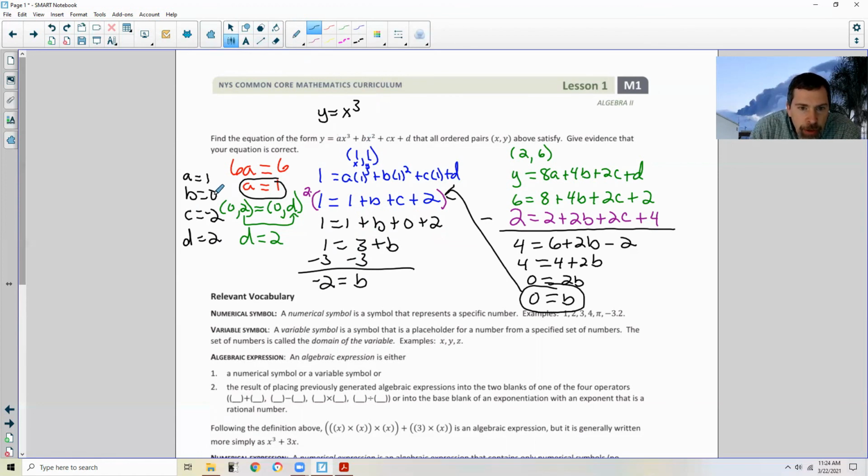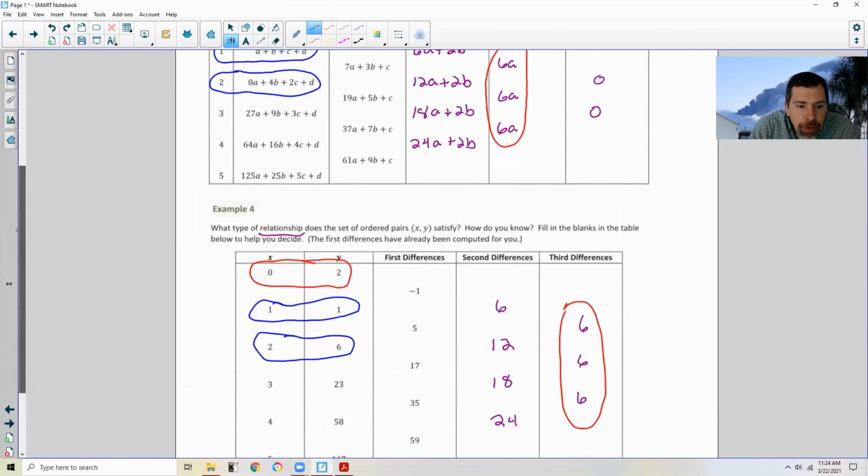Well, b is 0, so 0 times x squared is nothing, so the quadratic portion of my equation is gone. C is -2, so it's going to be -2x, and d is 2, so it's +2. So this is the cubic that represents these point values.